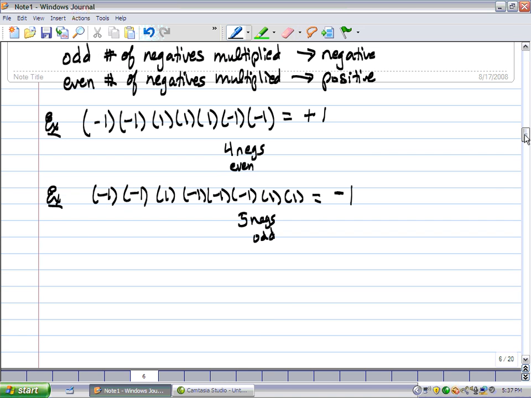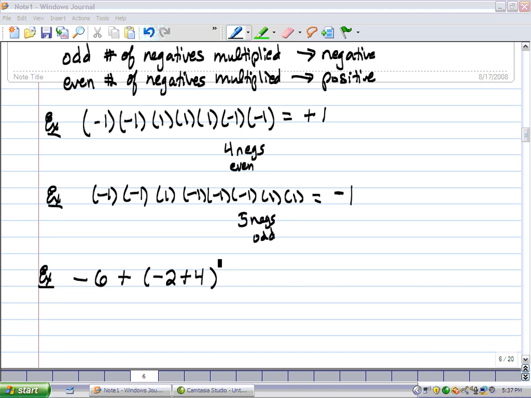Okay, let's look at another order of operation problem. Let's look at negative 6 plus, open parenthesis, negative 2 plus 4, close parenthesis, raised to the third power.